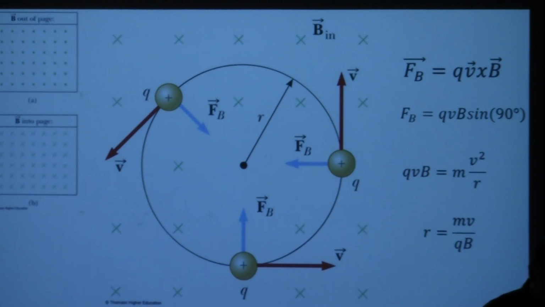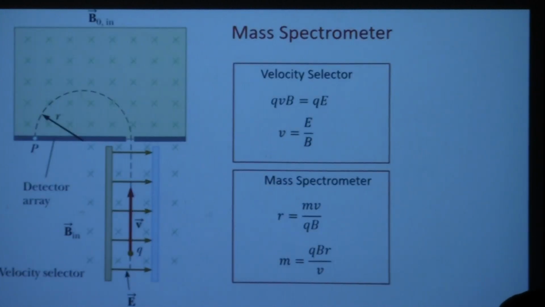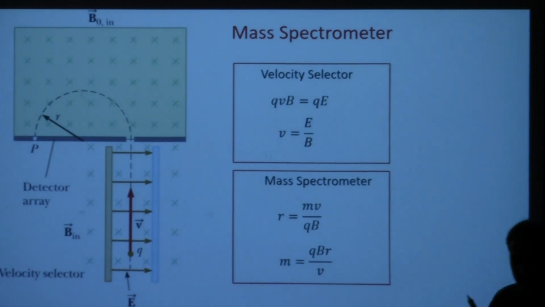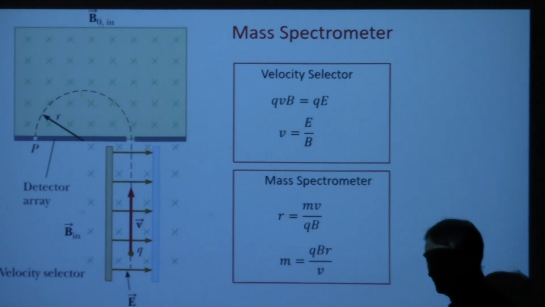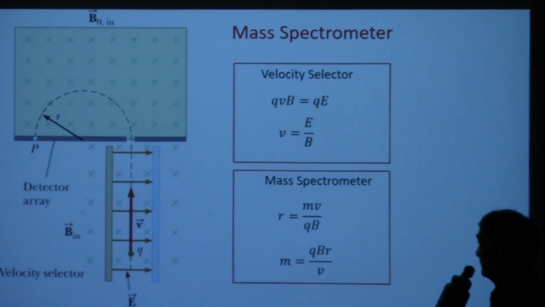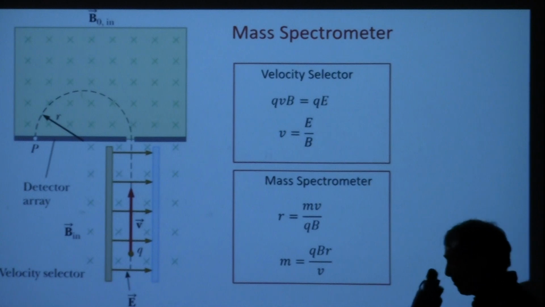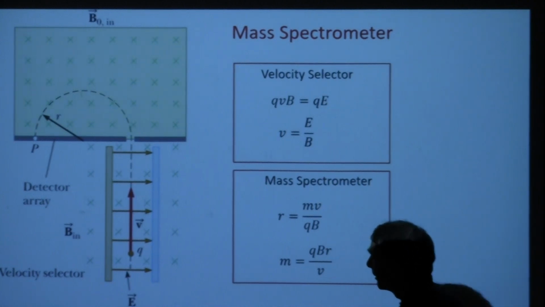Well, let me get to some examples. How about the good old mass spectrometer, which is something close to what we did in the lab this last week, only we had electrons. It kind of comes in two parts.